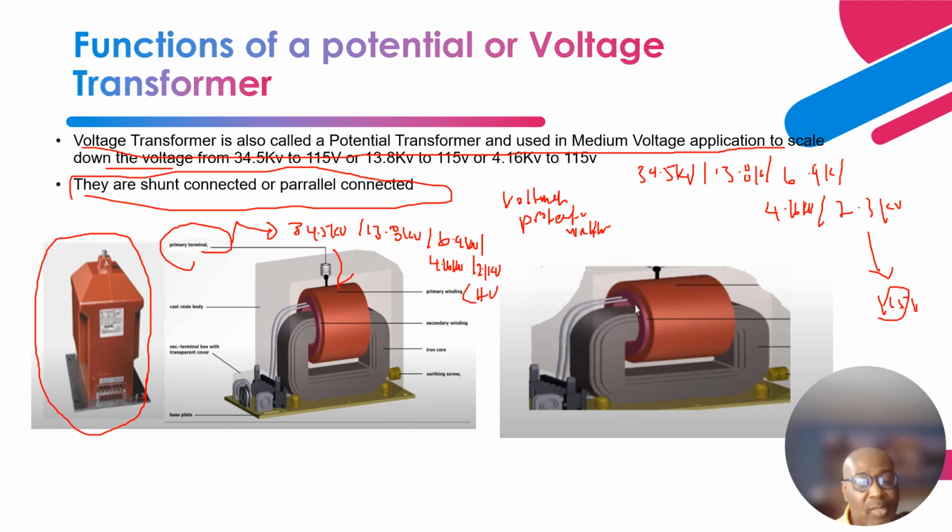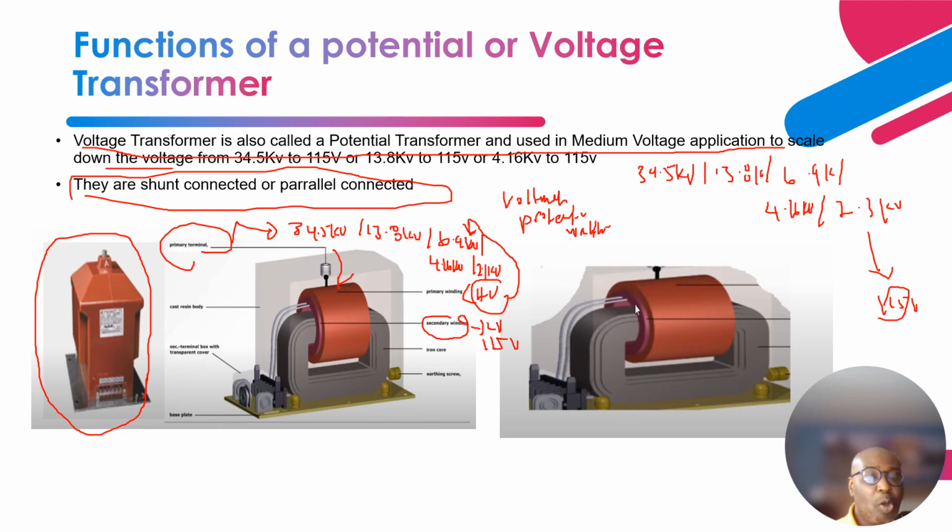There are two windings. The external, outer one is the high voltage winding, and the inner one is the secondary winding, or the low voltage winding. For the high voltage side, these are all the voltages that can be applied. And on the low voltage side, you have 115 volts.